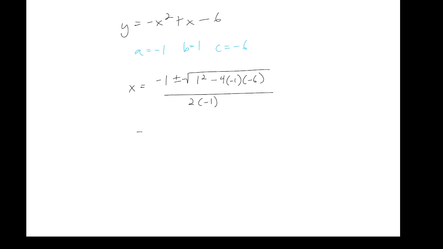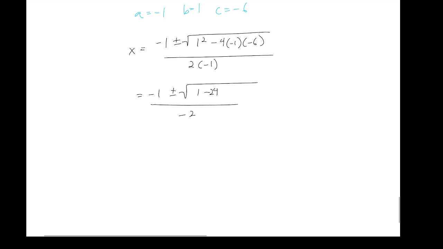Which of course here is going to be negative 1 plus or minus the square root of 1 squared is 1. Negative 4 times negative 1 times negative 6 is a negative times a negative times a negative, which is negative. 4 times 1 times 6 is 24, over negative 2. Here's my issue. It's negative 1 plus or minus rad negative 23 over negative 2.